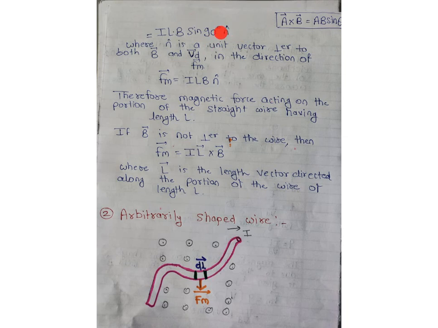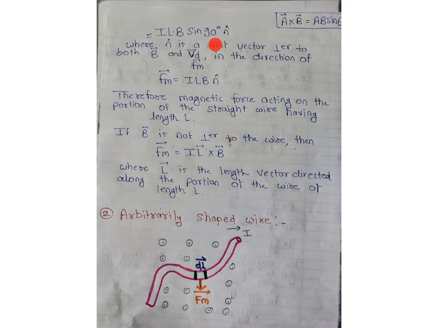What is sine 90? We know that when we take the cross product of A and B, it gives AB sine theta. Therefore, ILB into sine 90 degree into n. Theta is equal to 90 because V and B are perpendicular, and when V and B are perpendicular, sine 90 degree gives the maximum magnetic force.